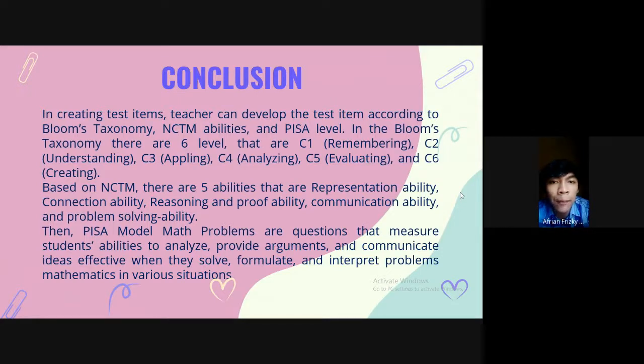And the PISA model is the question that measures students' abilities to analyze, provide arguments, and communicate ideas effectively when they solve, formulate, and interpret mathematical problems in various situations. So the PISA level is different from Bloom's taxonomy and NCTM.